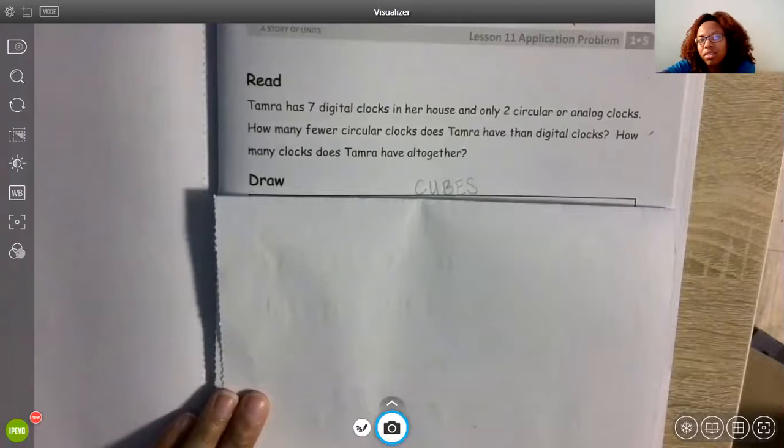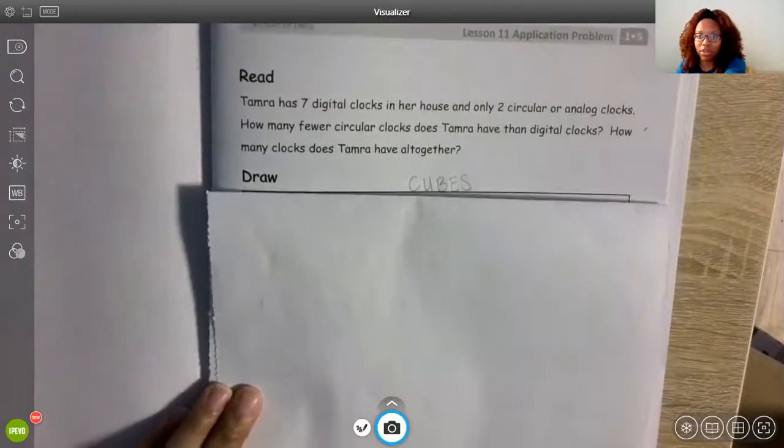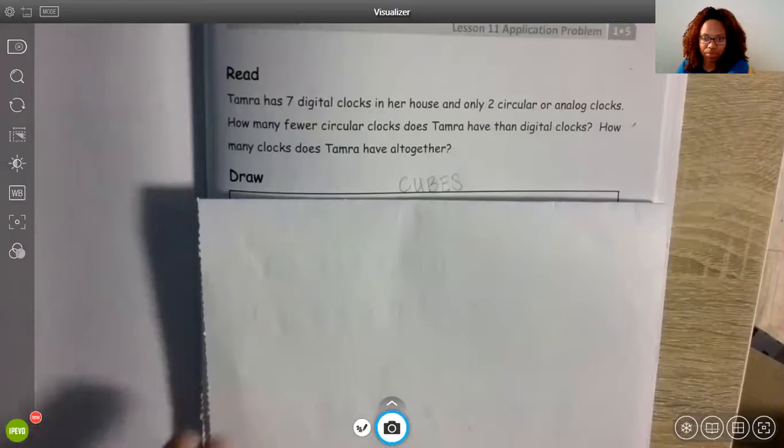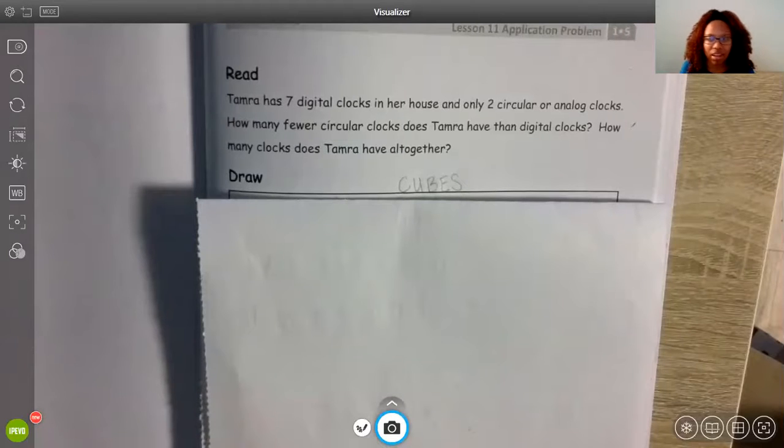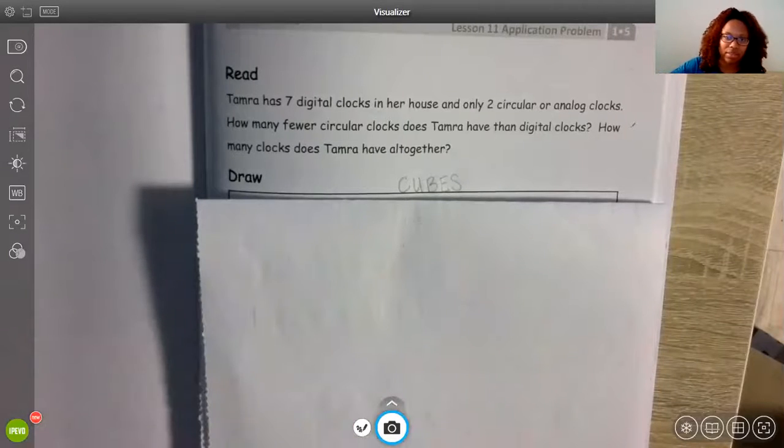Now we're going to solve this one a little differently today. I am going to give you 1 minute to go ahead and do CUBE score. So you're going to circle your key numbers and labels, underline the question, box your key phrases or words.